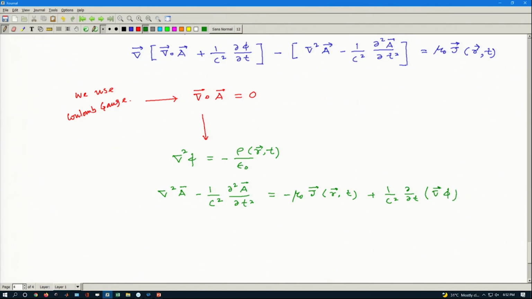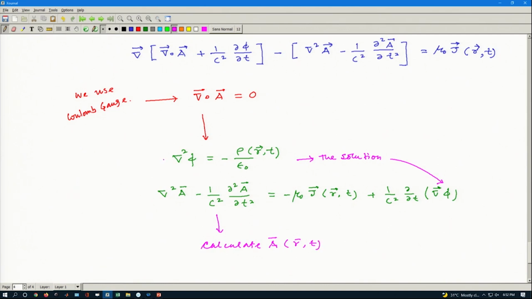Whatever phi we get from the Poisson equation, I plug it here, so the right hand side is known and we can calculate A, which is a function of r and t.